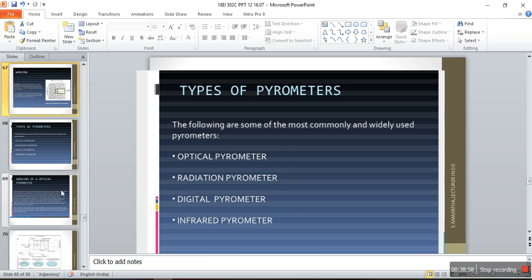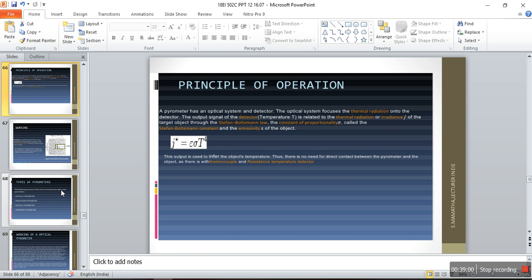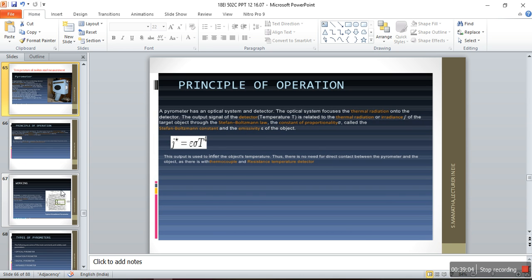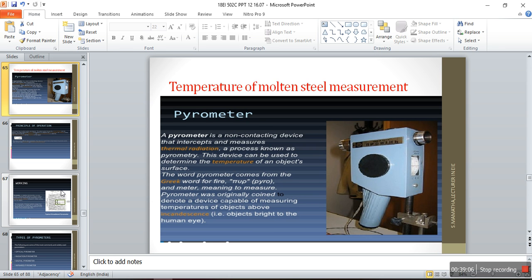Mostly in the iron and steel plant we give importance to pyrometers, because we are dealing with large temperatures: iron is formed at 1700 degrees centigrade, and we have to measure such big temperatures. That's why we deal with pyrometers in the industry.